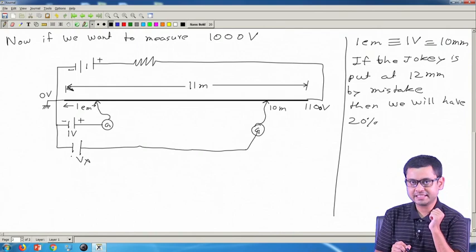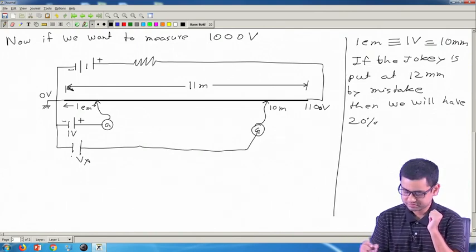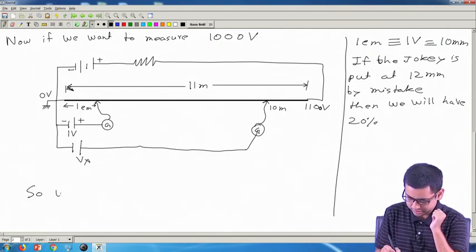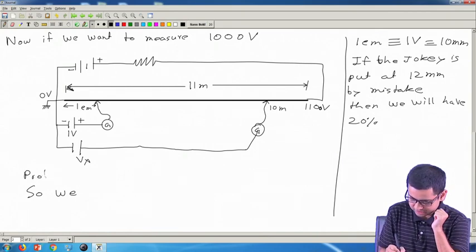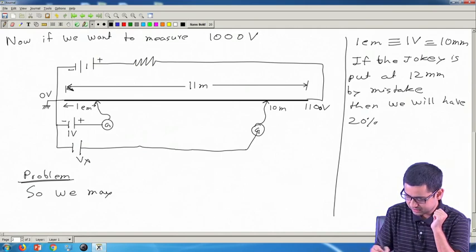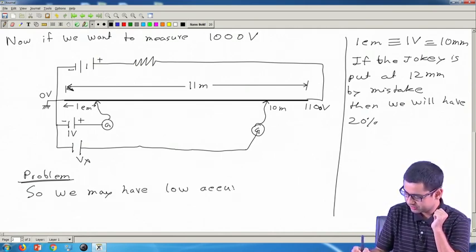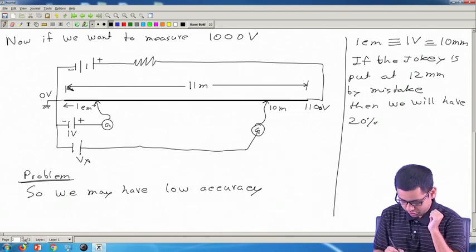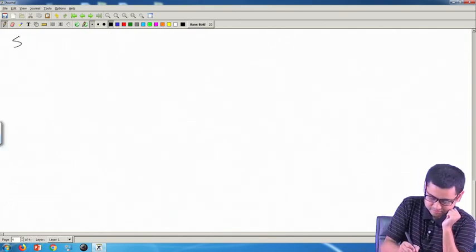Now, there is a solution. Okay. So, the problem is we may have low accuracy, and now the solution to this problem is as follows.